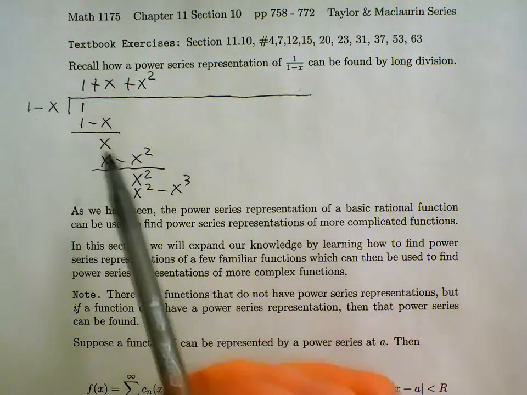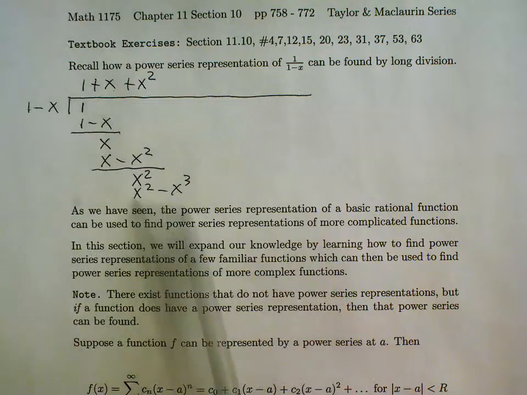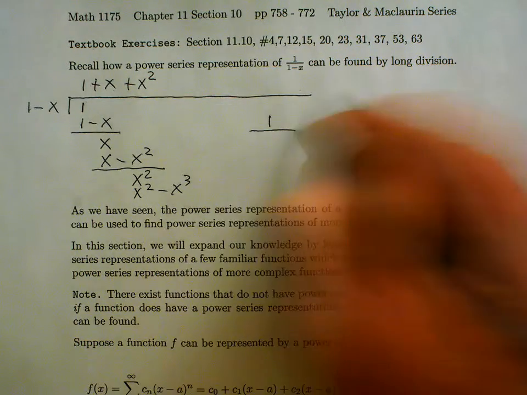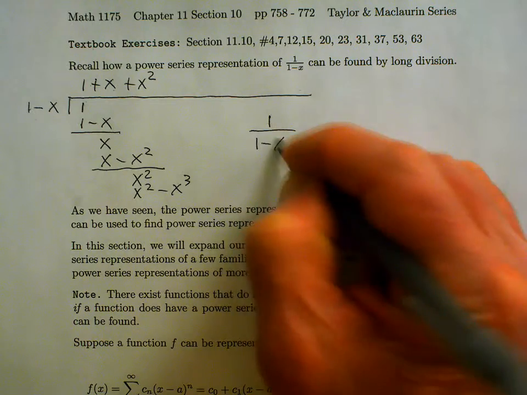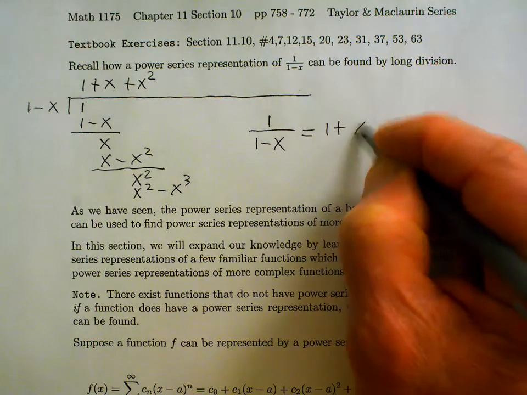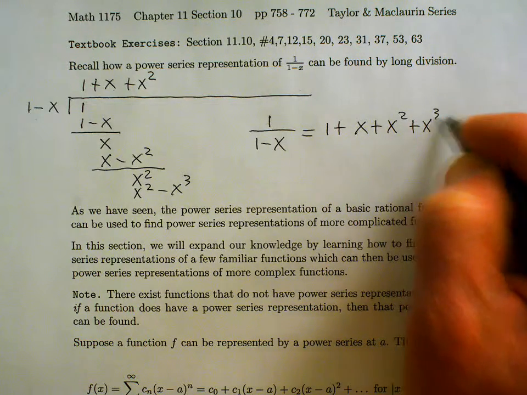So, as Providence would have it, we ran out of space, so we'll just write 1 over 1 minus x equals the infinite series 1 plus x plus x squared plus x to the third, and so on.